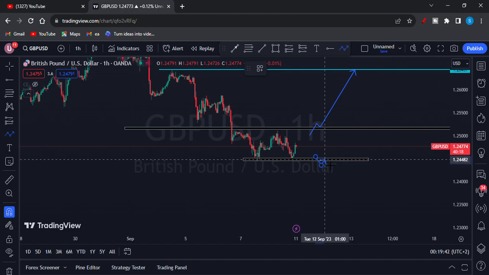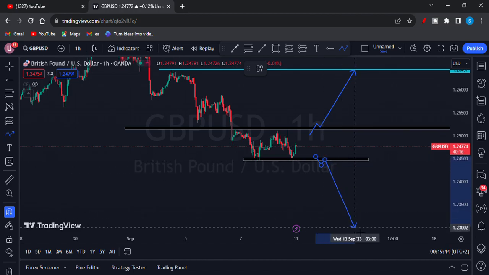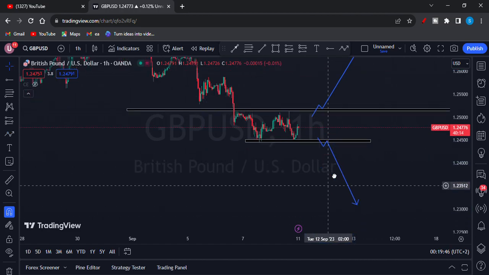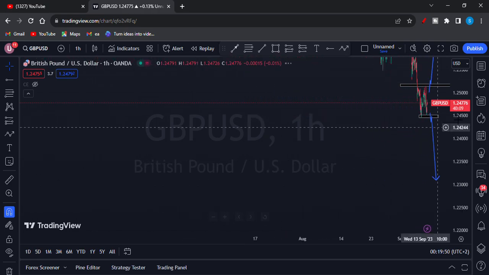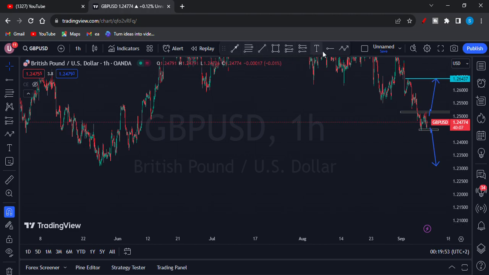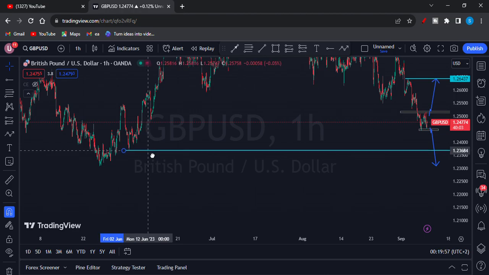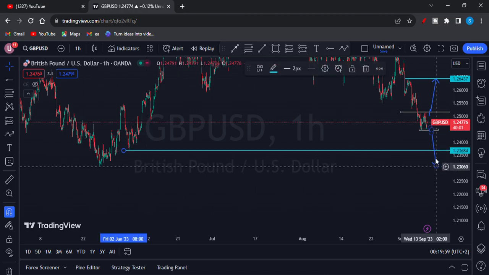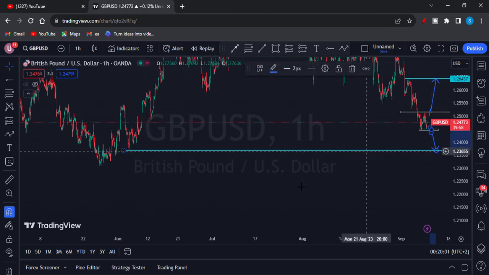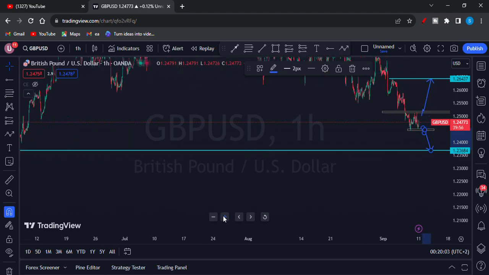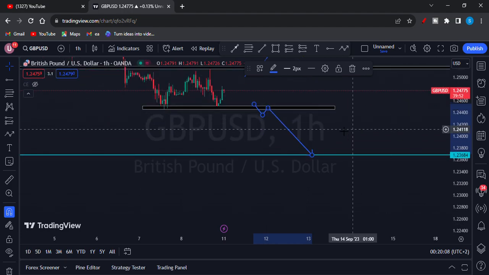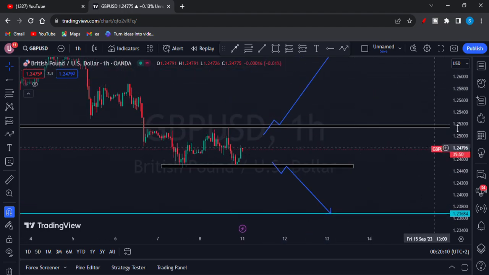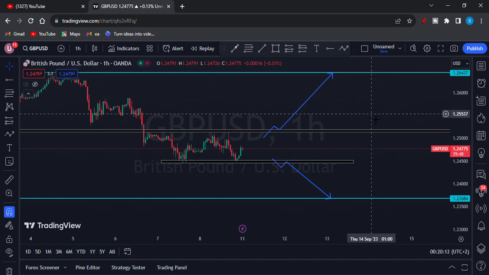A small break and retest to the downside, potentially up to there. So that's my analysis for GBPUSD. Tap in.